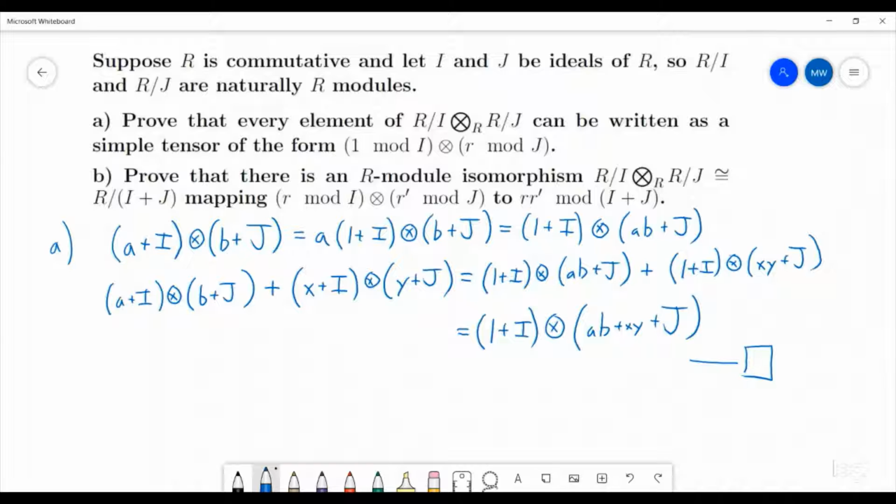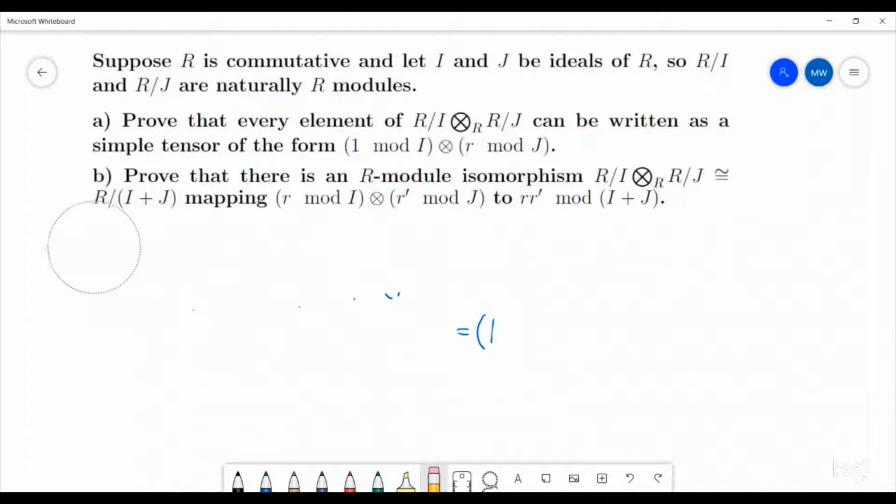Now for part B, well, let's get some space. Okay, so now for part B, we're going to need to define a function. Part B says, prove that there is an R module isomorphism from R mod I tensor product with R mod J over R, which is congruent to R mod I plus J. And then what's really nice is it gives us the mapping.